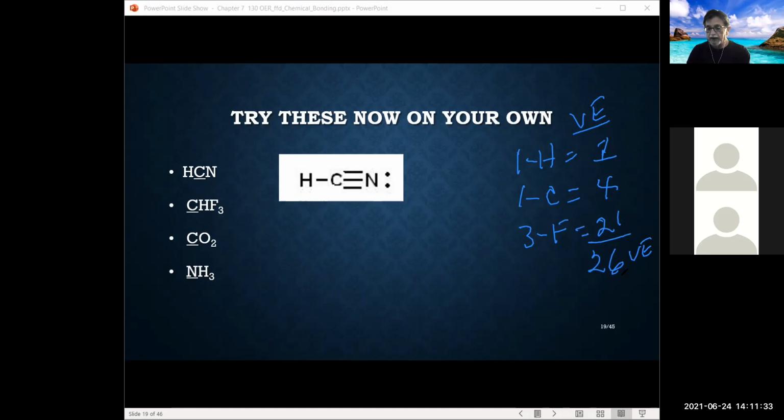All right. And I take that and I divide it by 2 because I like to work with pairs. So I have 13 pairs to work with. Okay? 13 pairs. Now, carbon has been highlighted as the central atom. So I can very quickly, well, not as quick as I thought, fairly quickly, put carbon in the center.